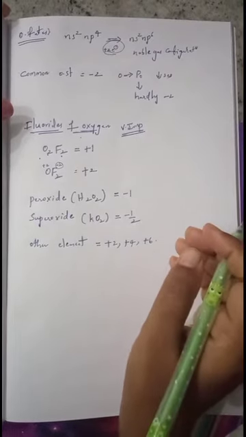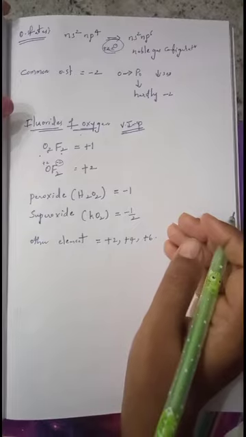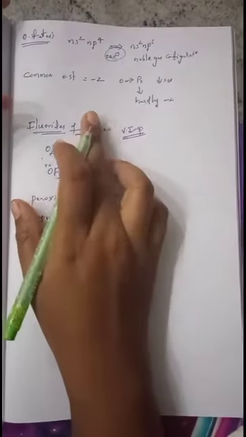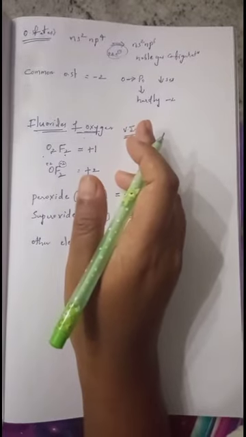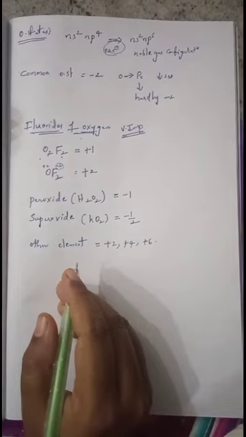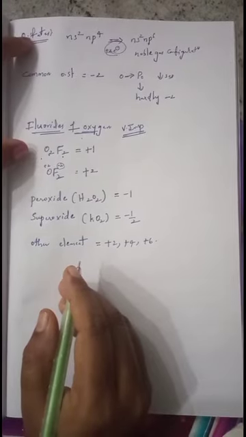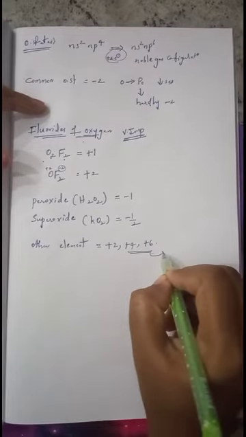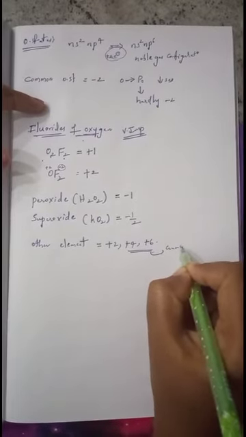Because of having vacant d orbitals, such elements can show +2, +4, +6 along with the -2 oxidation state. Among all, +4 and +6 are the most common oxidation states.